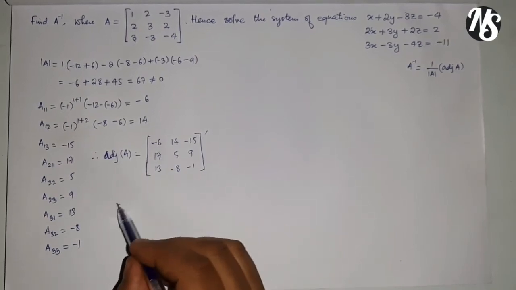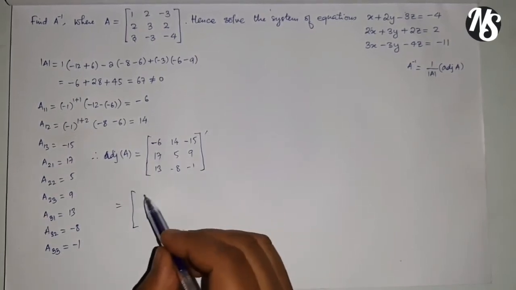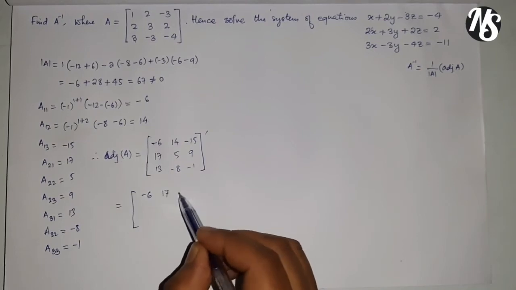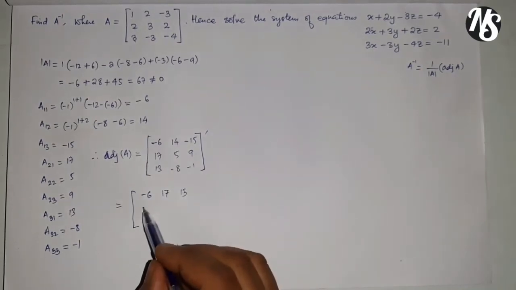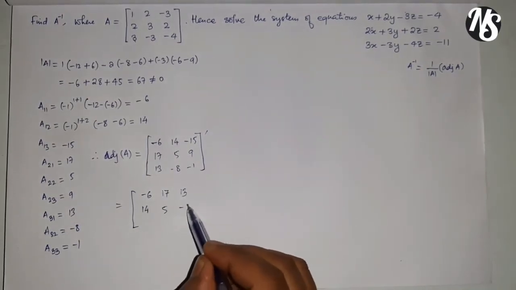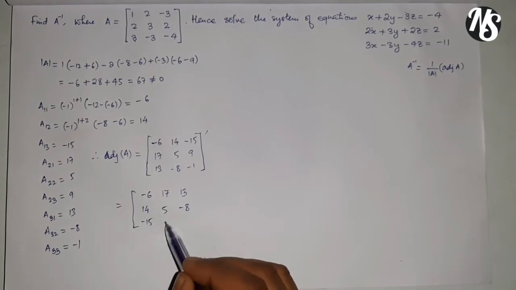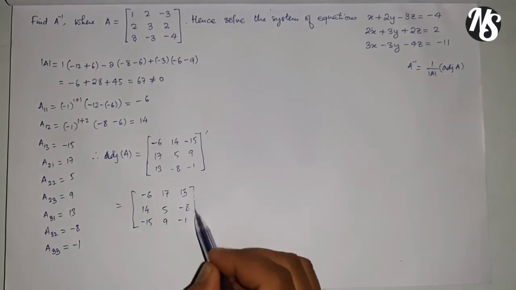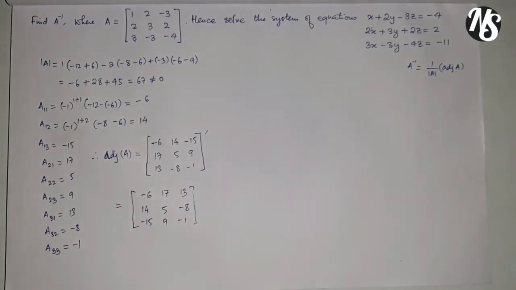And the transpose is, so this minus 6, 17, 13 comes out here, you get 14, 5, minus 8, minus 15, 9, minus 1 as the adjoint of A. So we got the adjoint here, isn't it?